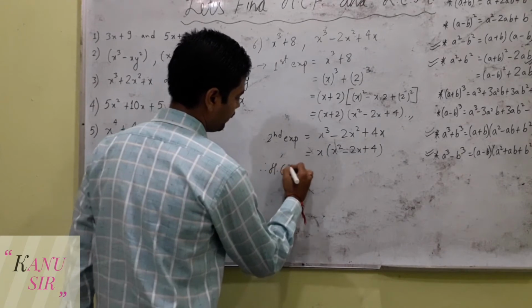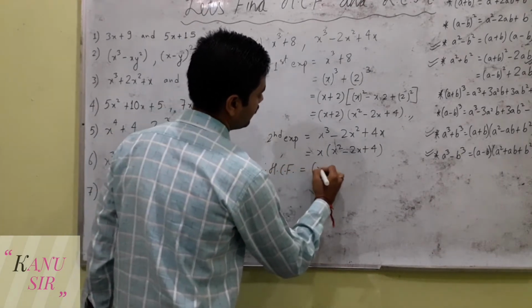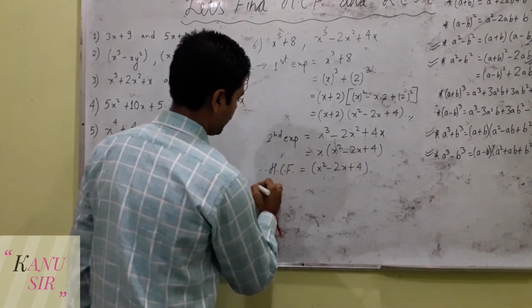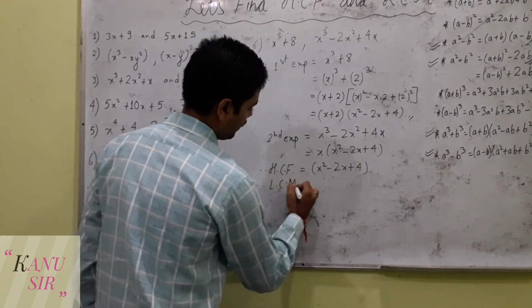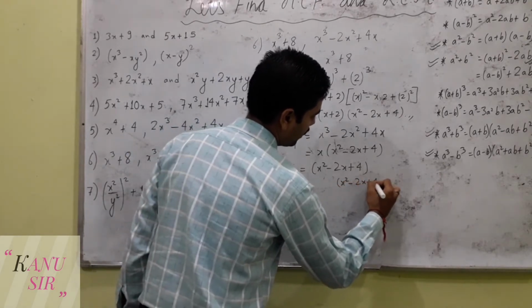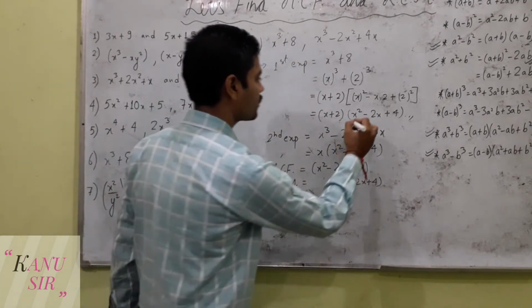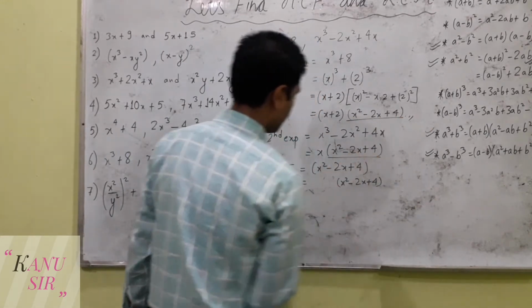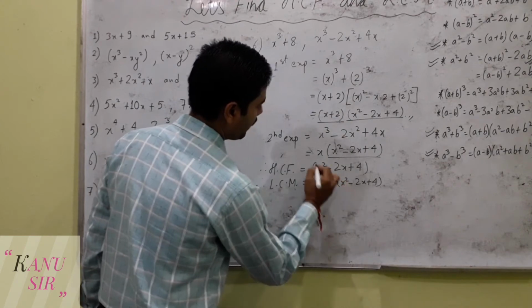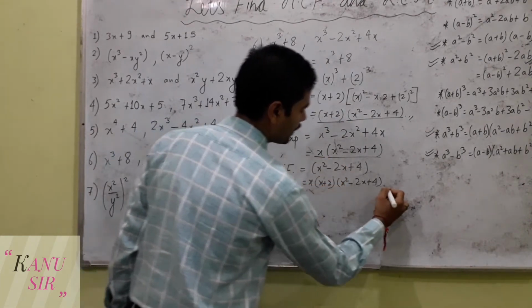Therefore HCF is x square minus 2x plus 4. But when we talk about the LCM, then the LCM is x square minus 2x plus 4, as it is the HCF because it is common in both expressions, but x plus 2 is not common, so simply we will copy it, and x is not common, so we will also copy that.